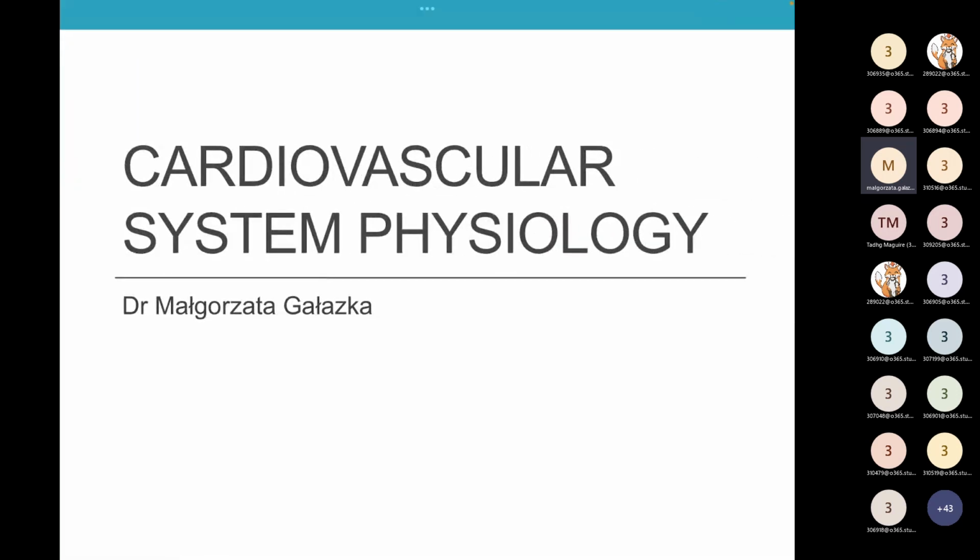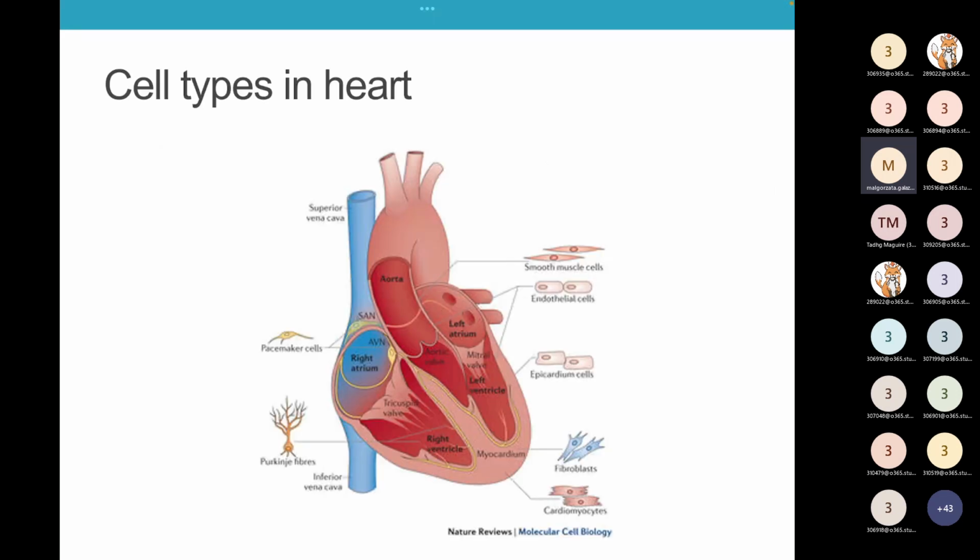Okay, so as I mentioned, today we are starting cardiovascular system physiology, and during this lecture, I'm going to describe to you the electrical properties of the heart. As you can see on this graph, there are several types of cells within the heart.